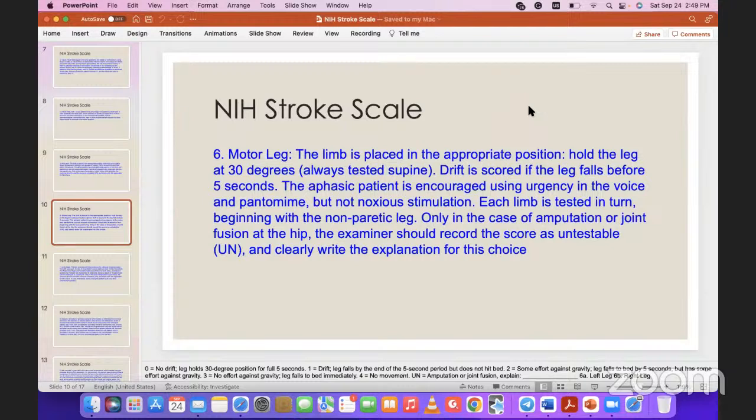The aphasic patient is encouraged as in the motor arm. Also, I can't examine the paralytic limb first. And also here, with amputation or fusion of the hip joint, I have to score it as untestable.